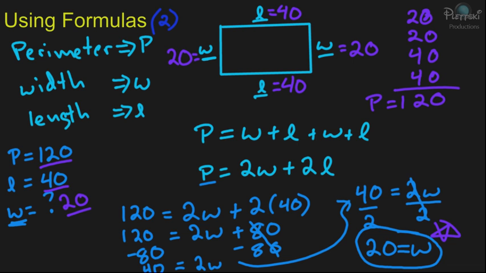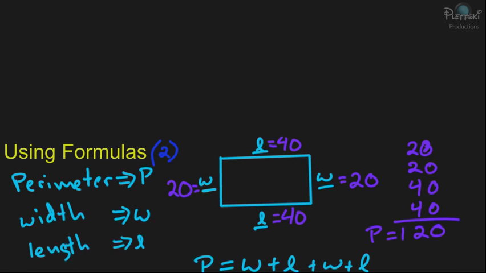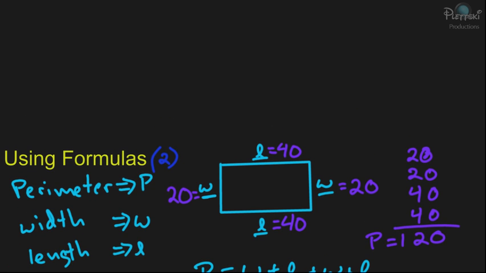Now, what if you were given two of the other variables? Let's go up here and do another one with two other variables. Let's say I don't know the perimeter. All I know is the width and the length. Let's say the width I know is 15.